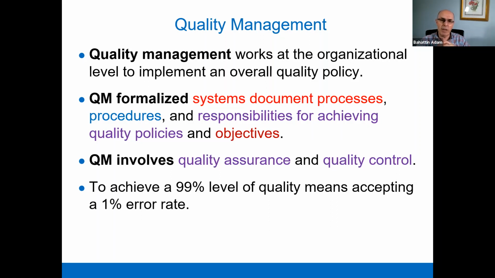And quality management is a formalized system of documents, processes, procedures, and responsibilities for achieving quality policies and objectives. And it involves quality assurance and quality control. I am going to share with you what quality assurance and quality control mean.